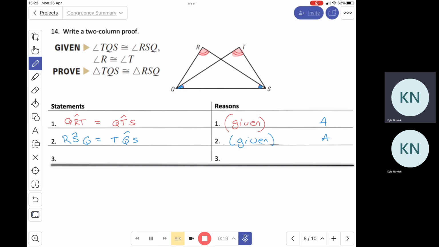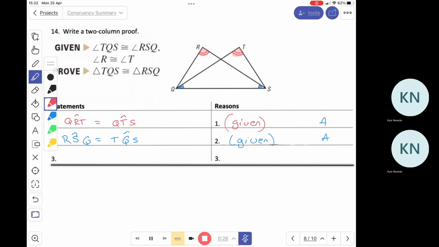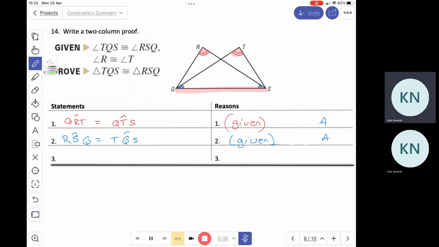So the only other thing I need now is a side. And I haven't been given any information about a side, but what I can hopefully notice is this side here, QS, is actually common to both triangles. So we're going to write here QS is equal to QS. And how do we know they're the same? Well, because it's a common side. And that is my side.